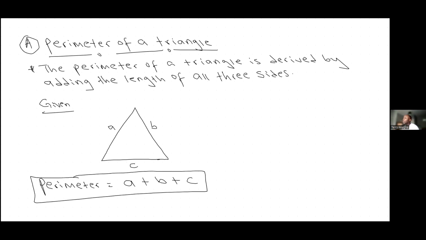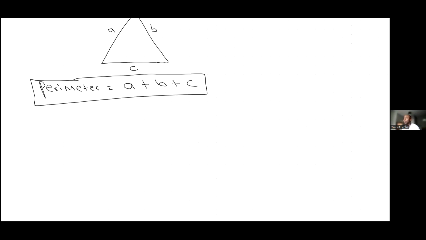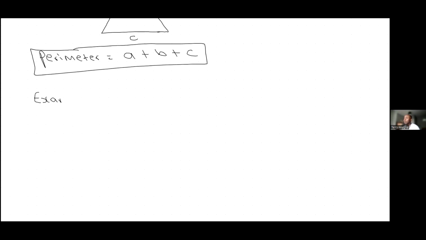So now let's pick an example so that we can explain this concept. Given the triangle below, find the perimeter of the triangle.